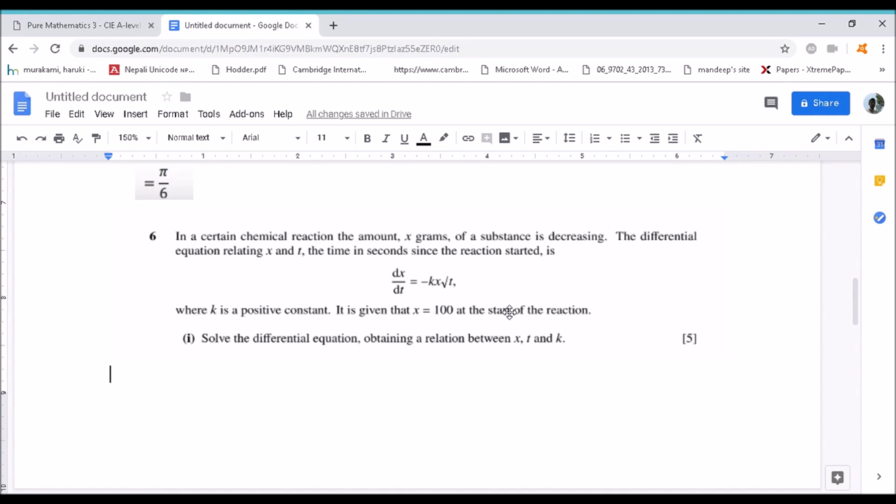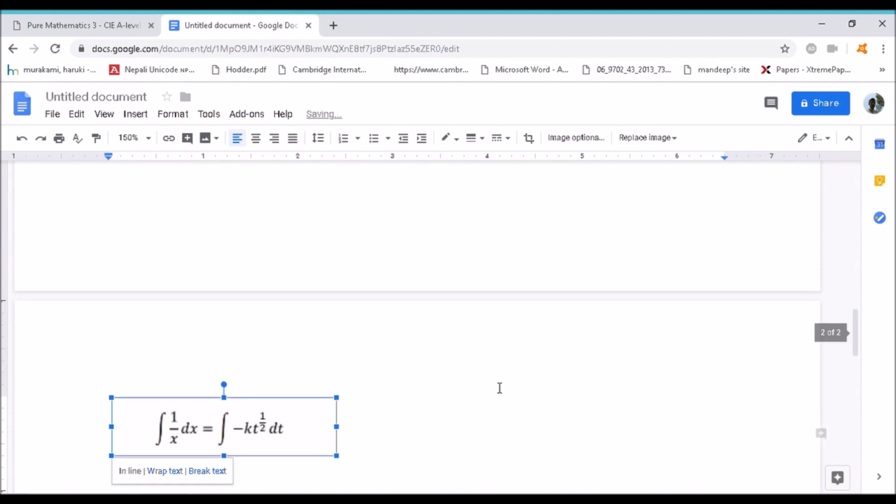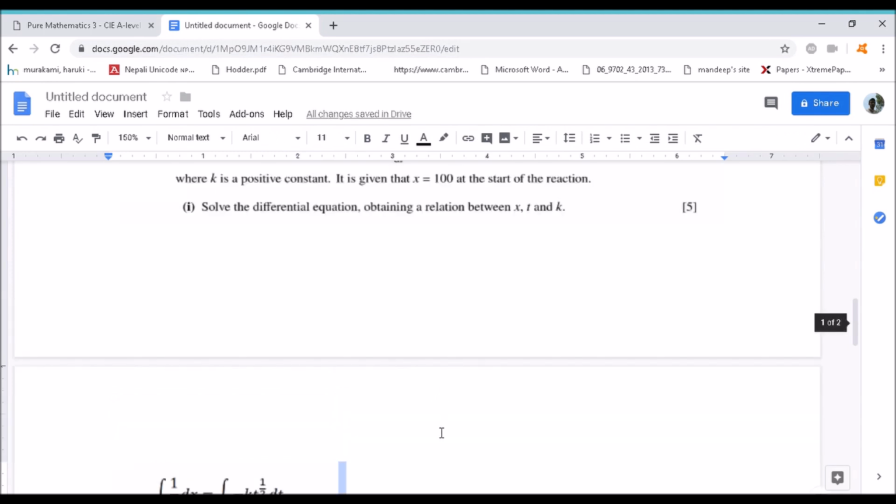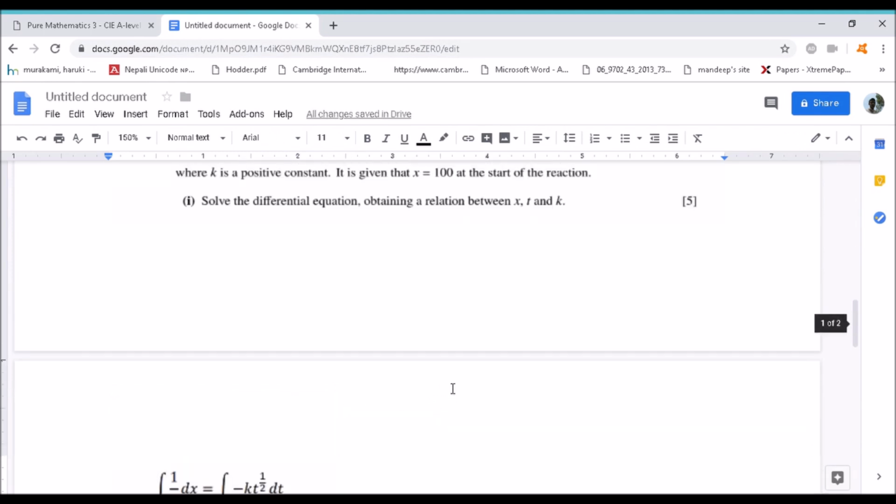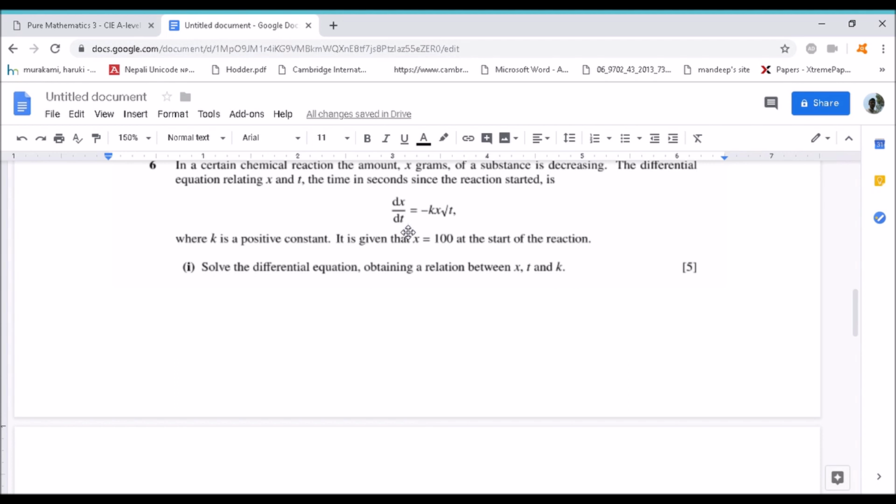So these types of questions are always repeated, mostly they are the same. They will give the differential equation, and you have to find the equation that relates x, t, and k. dx dt goes to this side and x comes down, so I just wanted to use this because dt root t is on the right side and x is on the left side, so it will be easy to integrate.